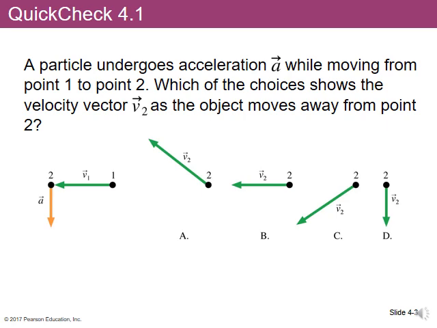So we can think about adding this acceleration vector to that initial velocity vector, which is going to tell us that after a certain amount of time, our new velocity is going to be like this. So you had a velocity going directly to the left, the acceleration is pointing downward, it's going to make that object turn and move downward.